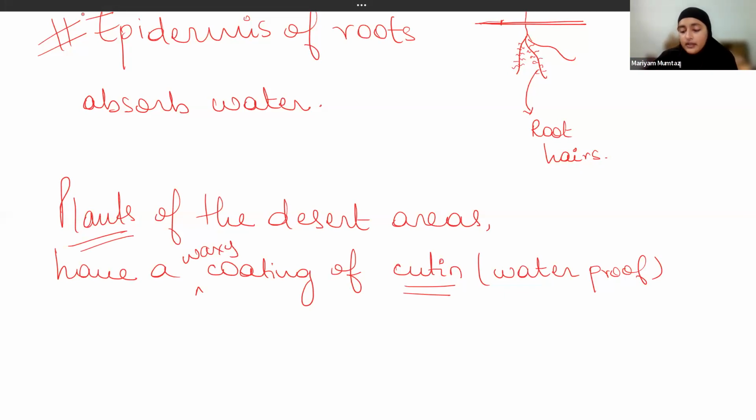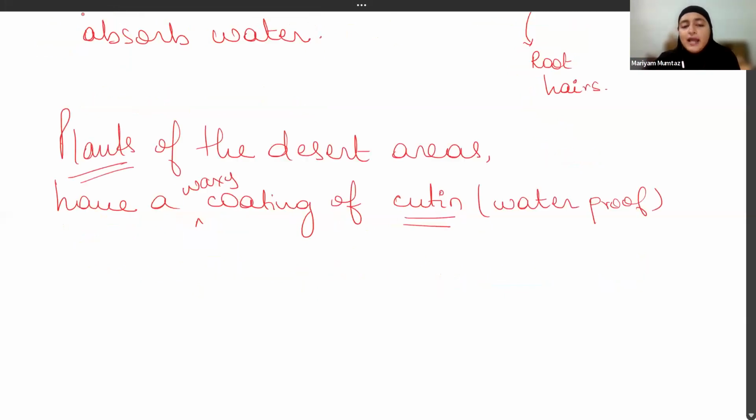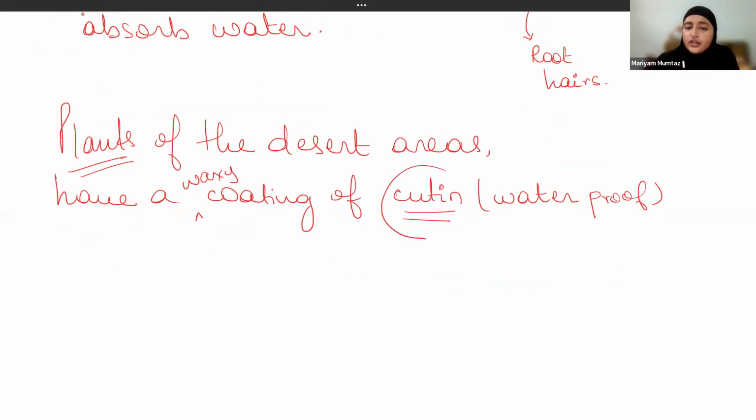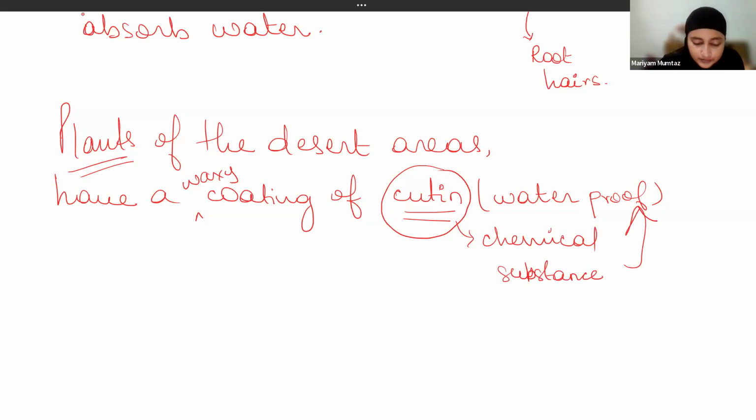So the plants living in the desert area would have a waxy coating of cutin. And this cutin is a chemical substance, and it is waterproof. Is it clear? Yes, it's clear.